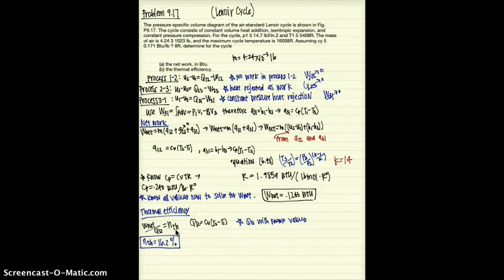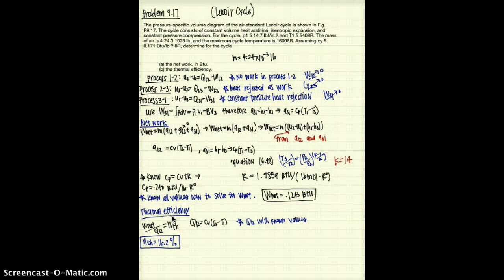We also need one last equation before we solve for work net, and that is Cp is equal to Cv plus R. R, being within the units of BTU, is equal to 1.9859 BTU divided by pound mole times Rankine. With this given value of R and the given value of Cv, we can calculate Cp.